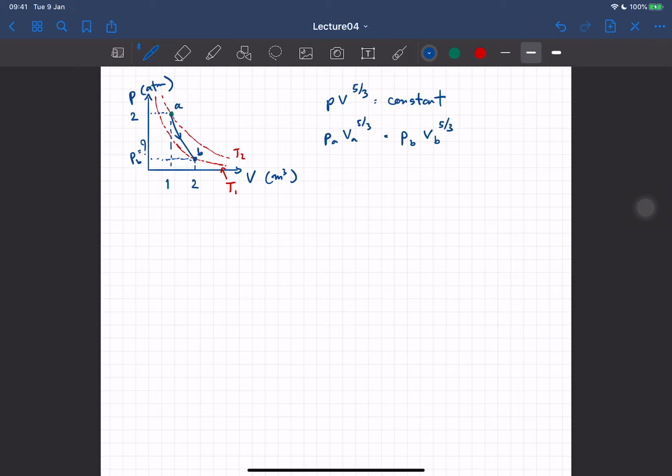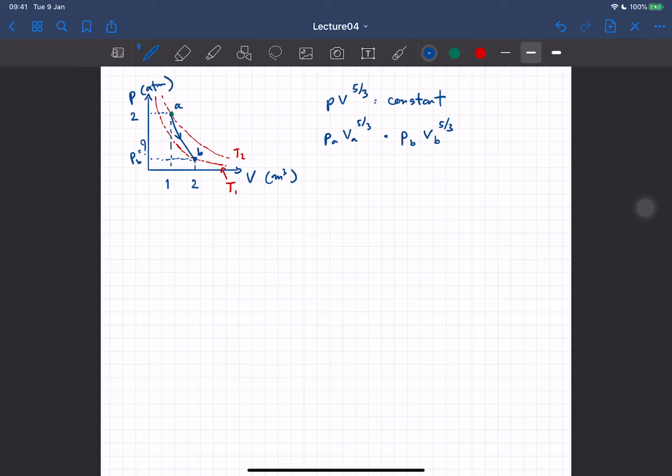Remember that it's not the same as isothermal, where PV equals constant. This is adiabatic. That's a common mistake I see quite often, that you mix up the formulas. The kind of process dictates what formula you use. In this case, it's adiabatic, so we use this one.